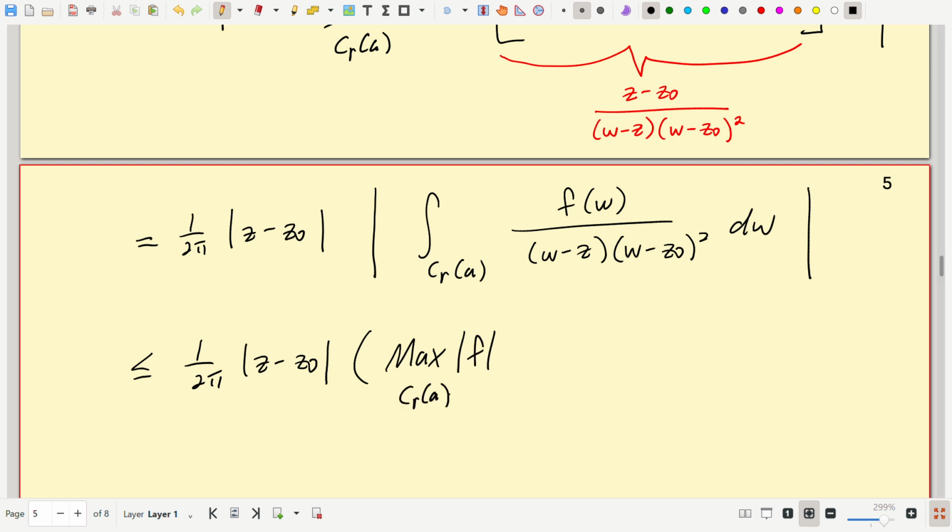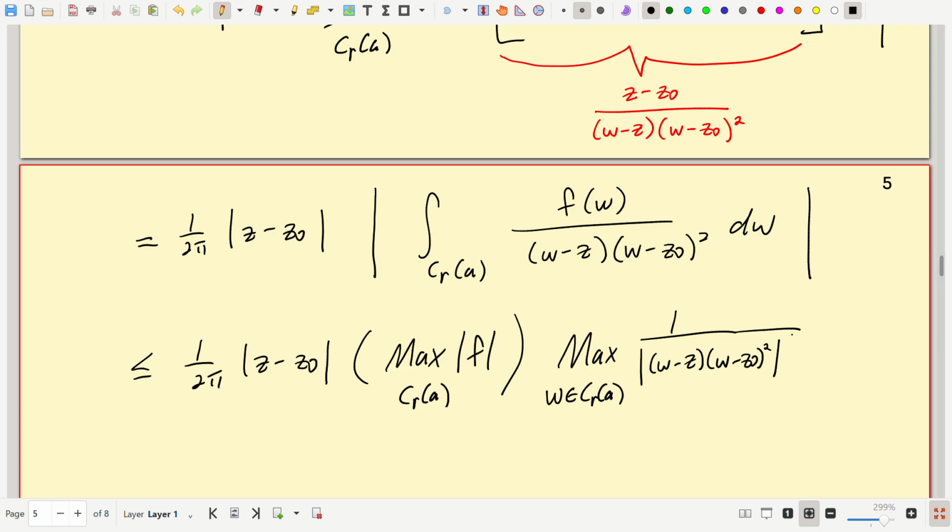That would be bounded because f is continuous there. And now let's think about the maximum of the rest of this stuff. That would be the maximum of 1 over (w minus z) times (w minus z naught) squared, as w rather goes around that circle, times the length of the circle, which would be 2 pi r. That'll cancel the 2 pi in front, but who cares?